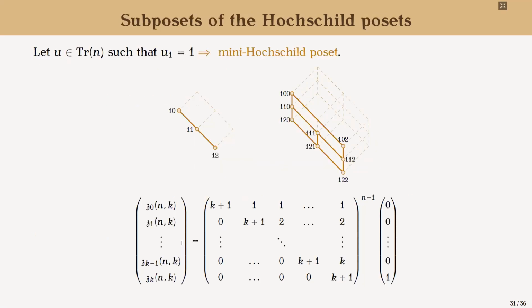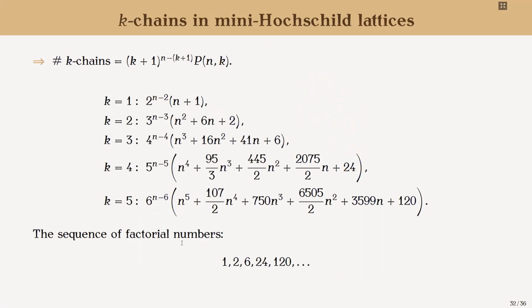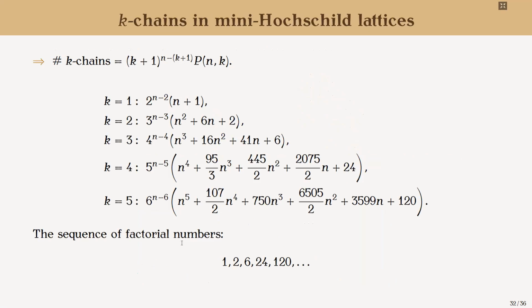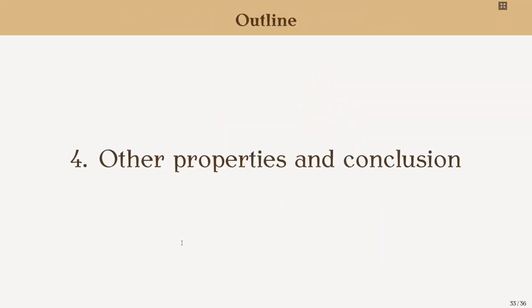So the mini Hochschild is also interesting because it seems to share many properties of the Hochschild poset. I don't know if there is a way to use it in the topology area, but in combinatorics it seems to have a beautiful property too.